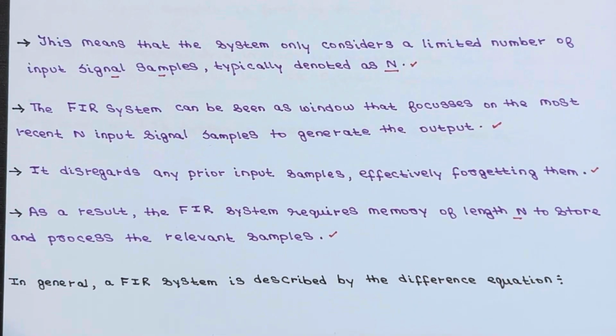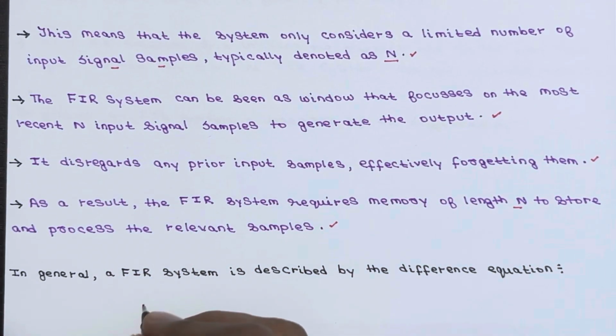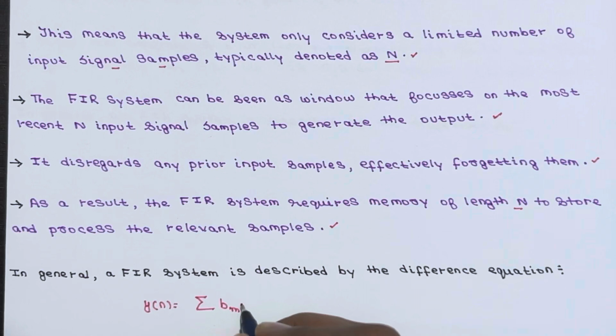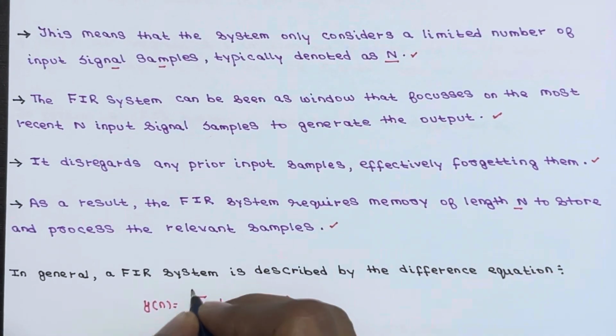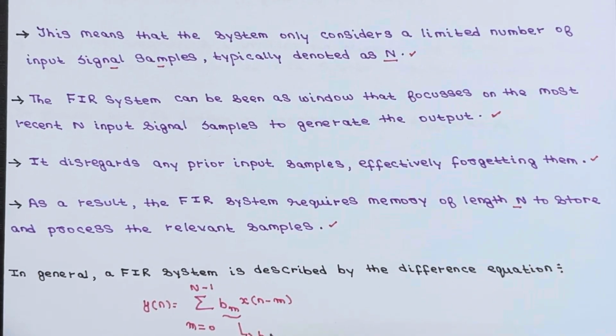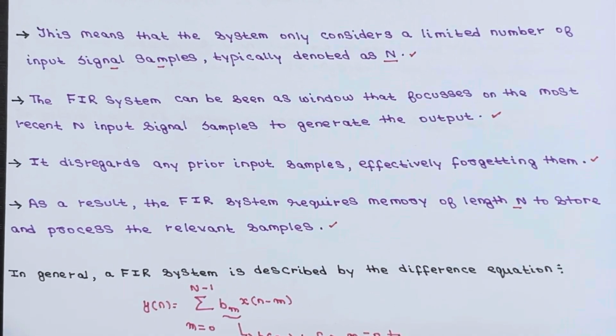In general, the FIR system is described by the difference equation y of n is equal to the summation of bm into x of n minus m, over the limit m ranges from 0 to N minus 1, where this bm is basically h of m, for m equal to 0 to N minus 1.